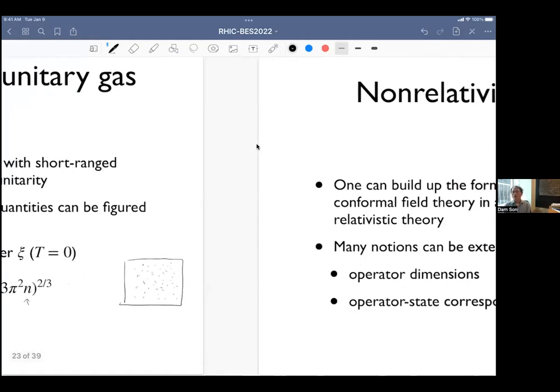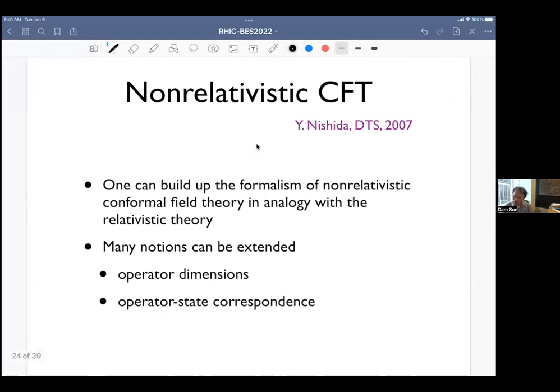Okay, so one can formalize the many body physics of this unitary Fermi gas by using a concept called non-relativistic conformal field theory. A lot of statements about non-relativistic conformal field theory can be built up rather formally in analogy with what one does in relativistic conformal field theory.